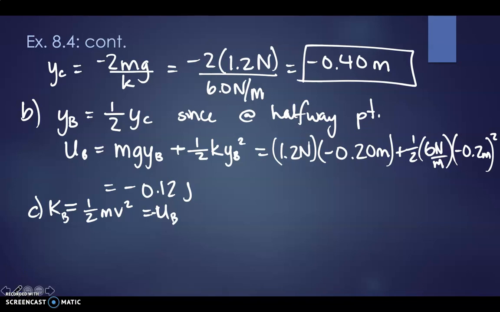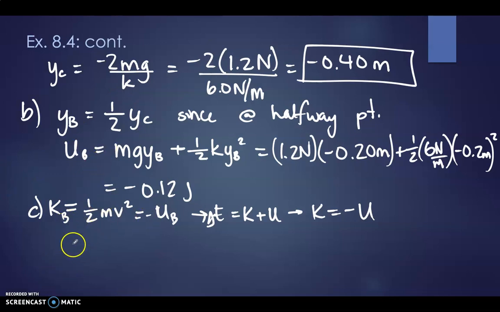The reason is because our total energy E is going to be K plus U, right? And at this point, we should have K equals minus U. Okay, so we need to figure out what the mass of the block is.